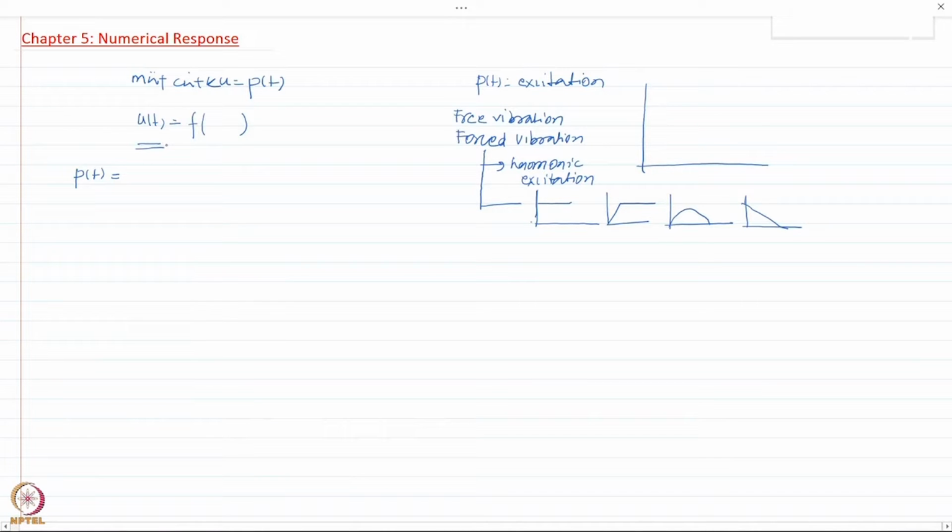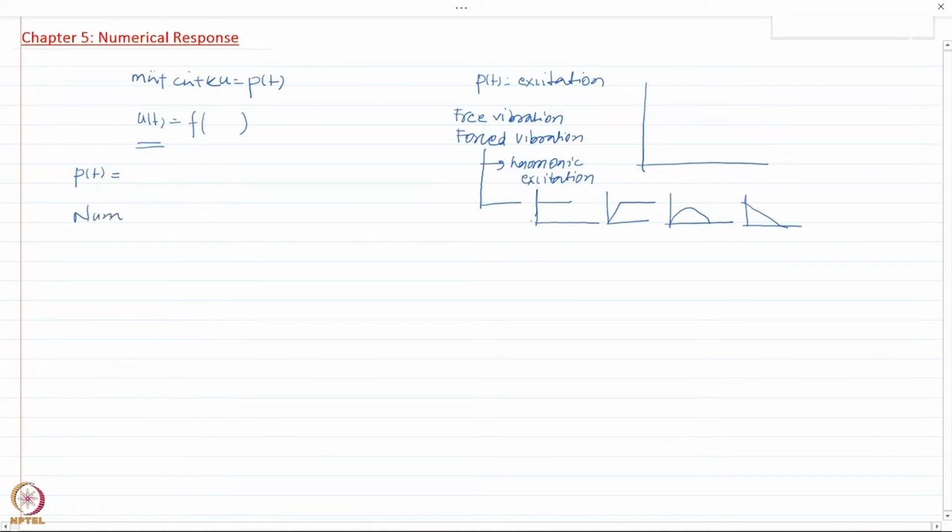For those situations, it is imperative that we study methods through which we can get the response even when analytical solutions are not available. That's where the numerical response evaluation comes into the picture.